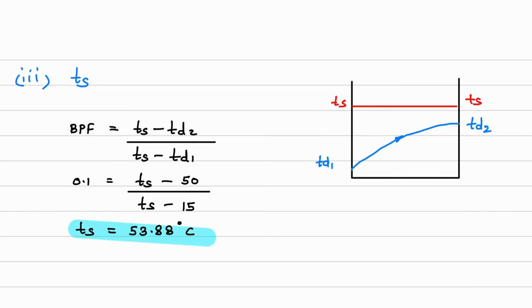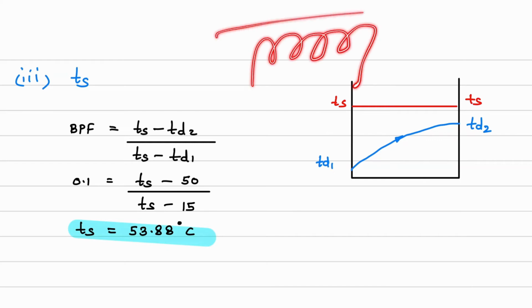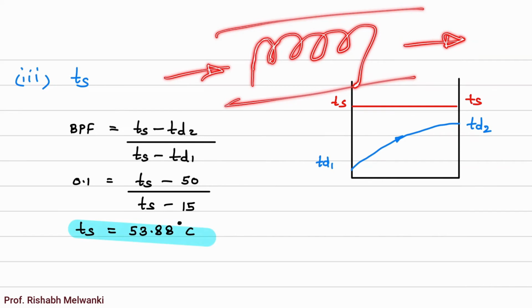Now what is the meaning of this? Understand that the surface temperature of the coil is 53.88 degrees Celsius. Air is entering at 15 degrees Celsius, but due to bypass, what is the meaning of bypass? We have the coil over here, and air is entering over here, exiting from this end. Due to certain reasons like the number of rows in the coil not being greater, and velocity might be different, not all the air is able to come in contact with the coil.